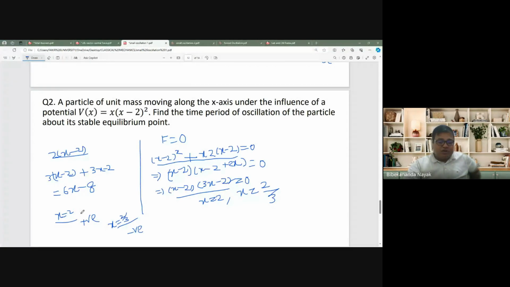This is minimum, it is a stable equilibrium. This is maximum, it is an unstable equilibrium. The stable equilibrium is x equal to 2. So the body executes simple harmonic motion, a small oscillation, about its stable equilibrium point, not the unstable equilibrium point.